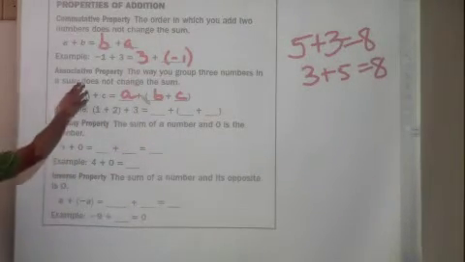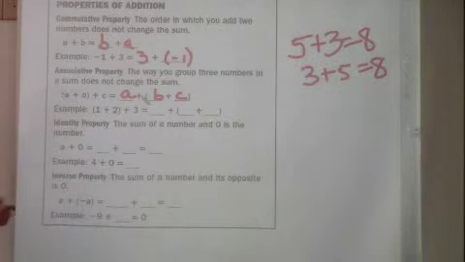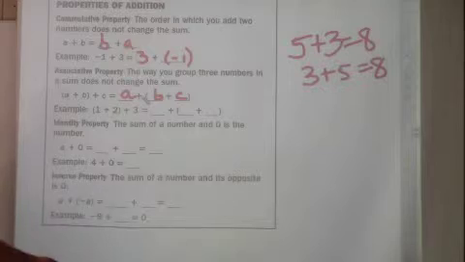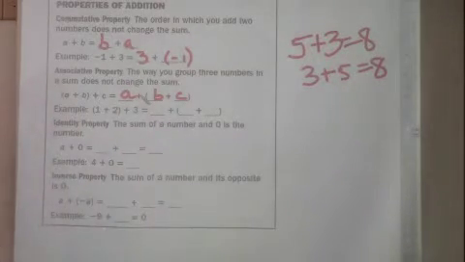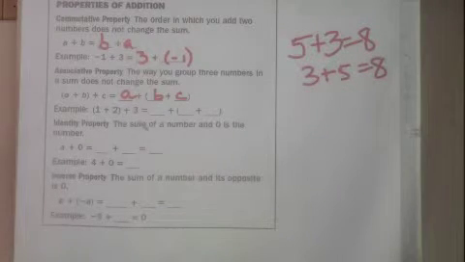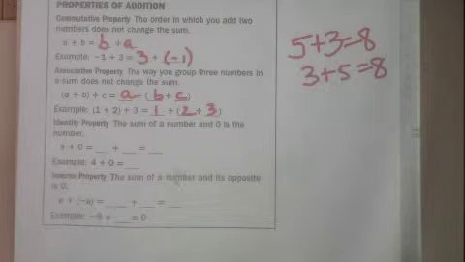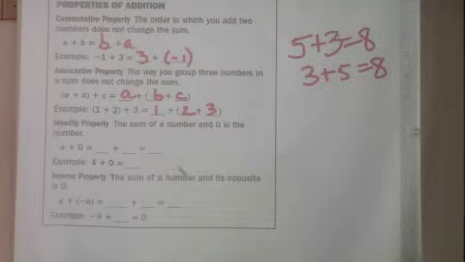All the associative property does is shift the grouping symbol. It shifts who you hang out with. Here A and B are hanging out first, here B and C are hanging out first. It doesn't make a difference. 1 plus 2 plus 3 is the same either way. Either way, you've got 6.